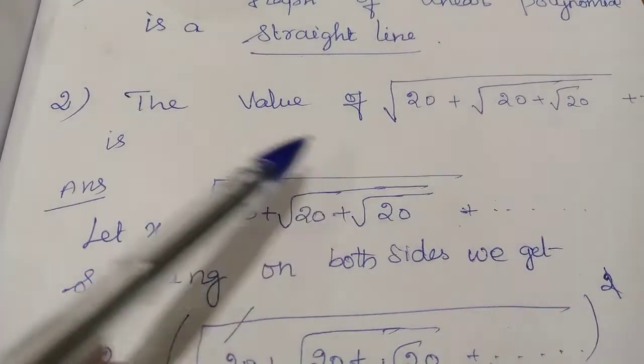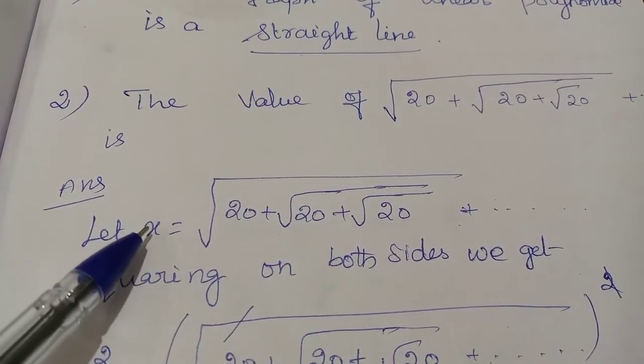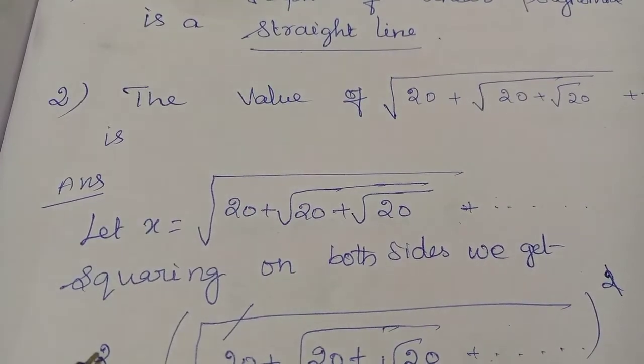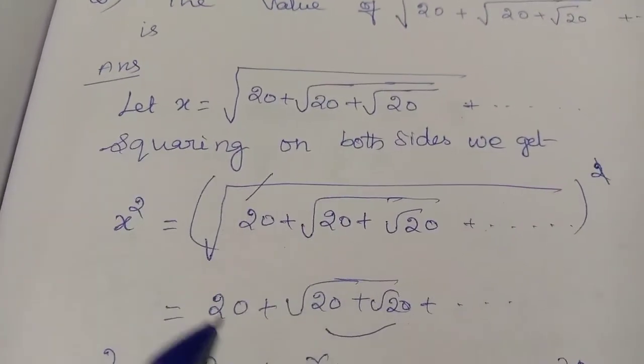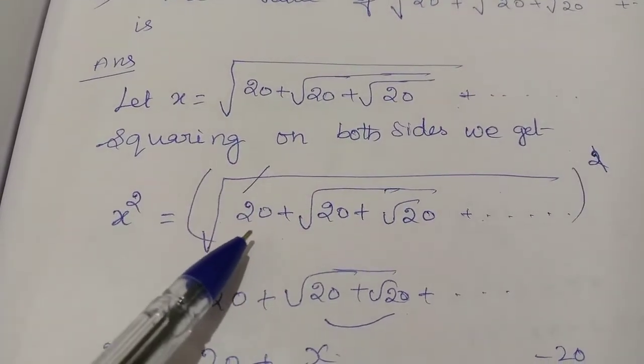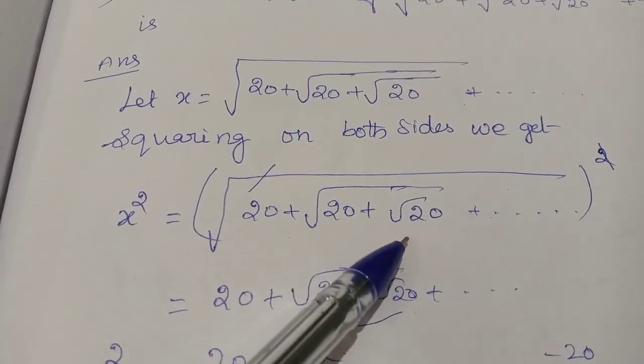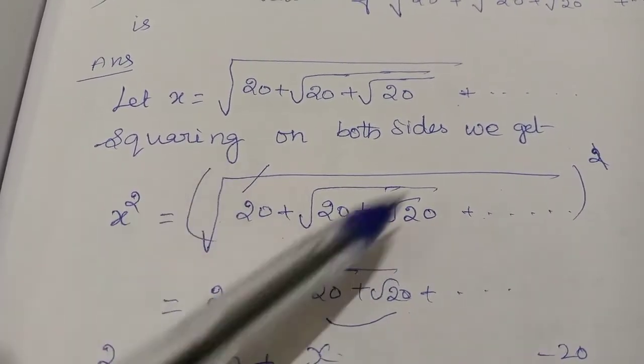When we square both sides, the left side becomes x square and the right side becomes the whole square of square root of 20 plus square root of 20 plus square root of 20.